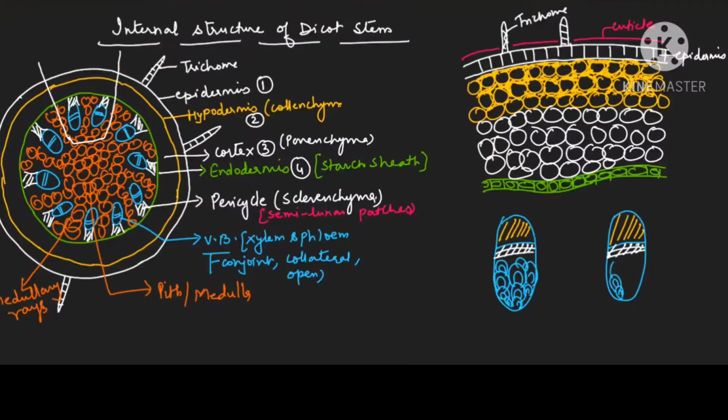And now in between we have to draw medullary ray cells. But here on top we have to draw this area, check carefully, this much we have to draw as a pericycle, which is in the form of sclerenchyma, making semilunar patches or bundle cap.